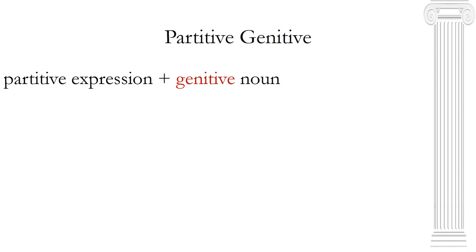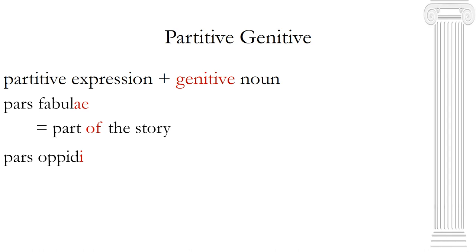And one of the formulas we need to know is a partitive expression plus a noun in the genitive case. So pars fabulae is part of the story. Pars oppidi is part of the town, and everything you see in red is genitive.